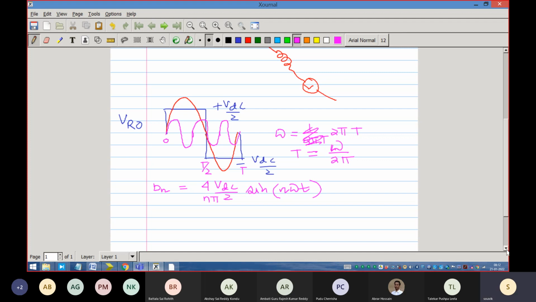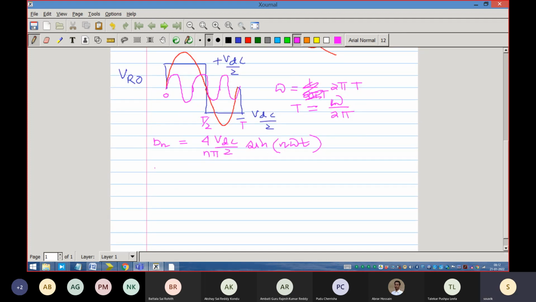So this way you can get B1 is equal to 4 VDC by 2 by pi sine omega t. That is B1. We will write it as VR fundamental component is this.